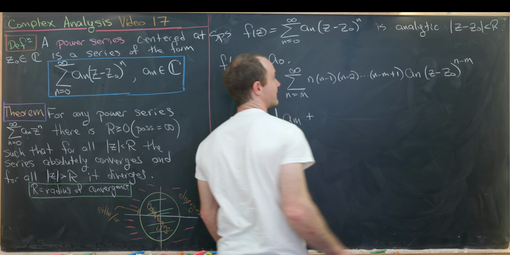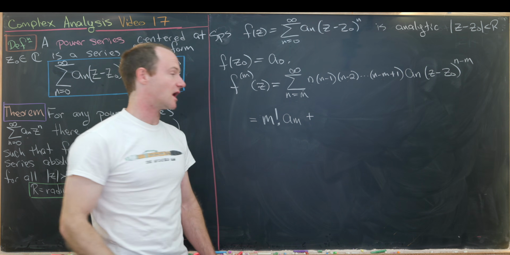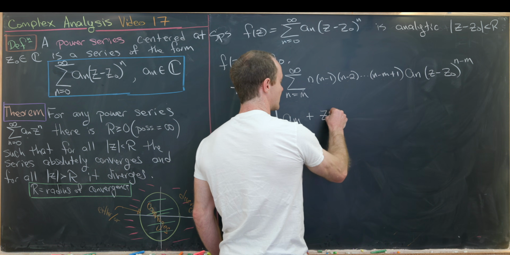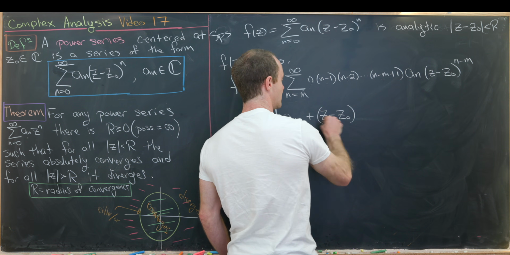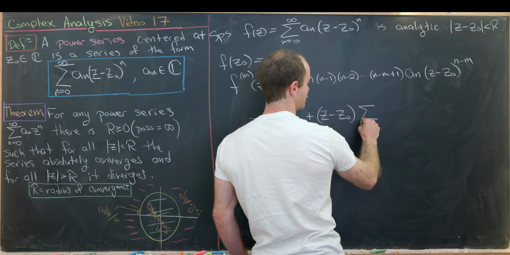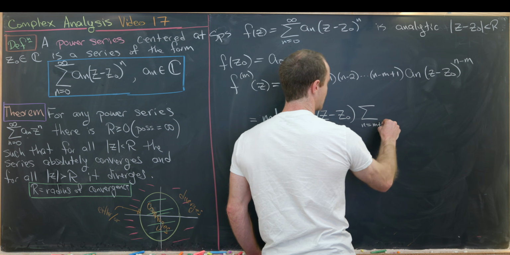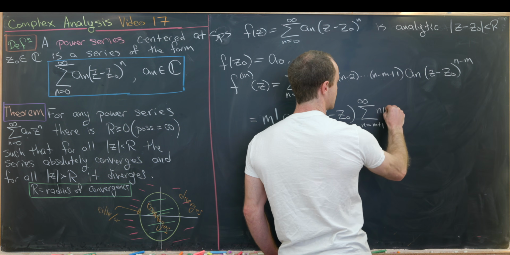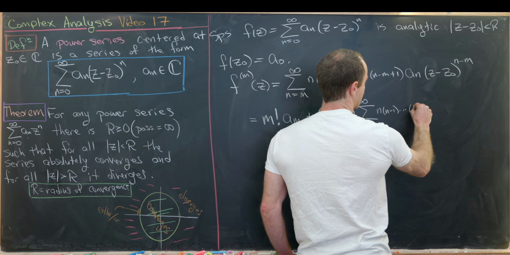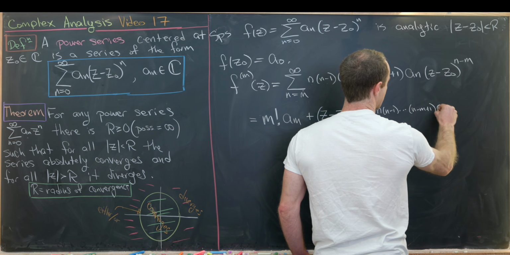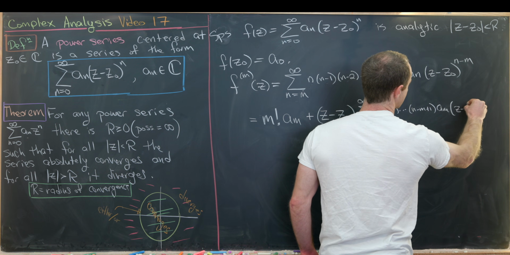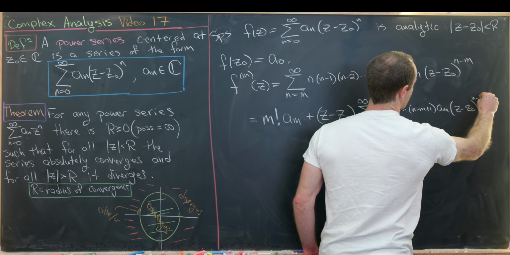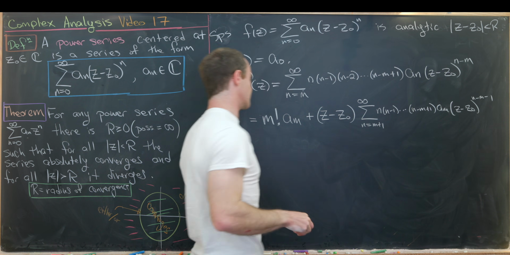All of those have a factor of z minus z naught in them, so I can factor out a z minus z naught. And then we'll have this sum as n goes from m plus 1 to infinity of n times n minus 1 all the way down to n minus m plus 1, a sub n, and then we have (z minus z naught) to the n minus m minus 1 because we took this out.